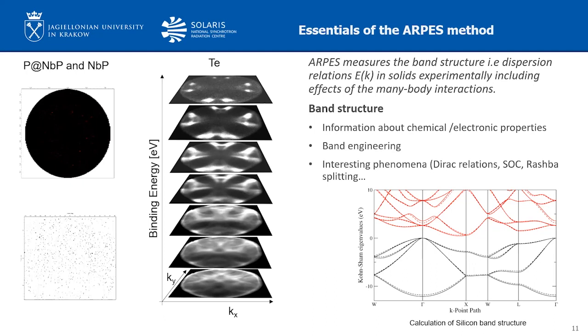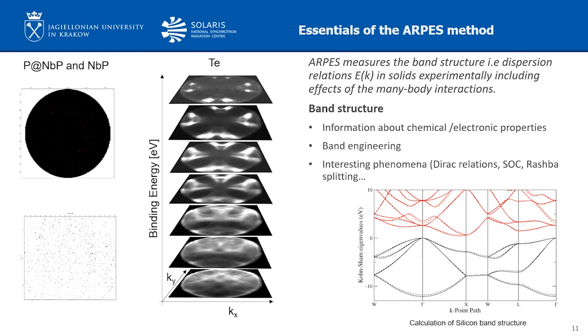Many-body interactions are seen as characteristic features superimposed on the experimental dispersion relation: kinks, weighting of the bands.